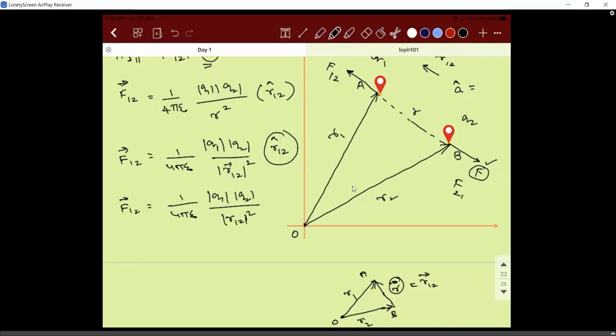It is A vector divided by magnitude of A vector. In a similar way, how can I write R12 cap as R12 vector divided by magnitude of R12 vector? Whosoever is having doubt with vectors, videos of 11th standard are already uploaded in the app. You can go and revise it. Okay.